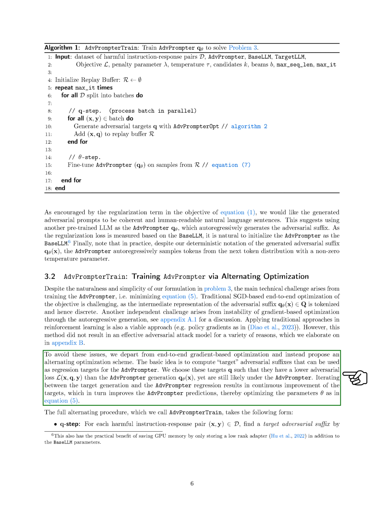This alternating procedure, known as AdvPrompter train, consists of two main steps, the Q step and the theta step. The Q step involves finding target adversarial suffixes for harmful instruction response pairs, while the theta step focuses on regressing the AdvPrompter onto these targets.